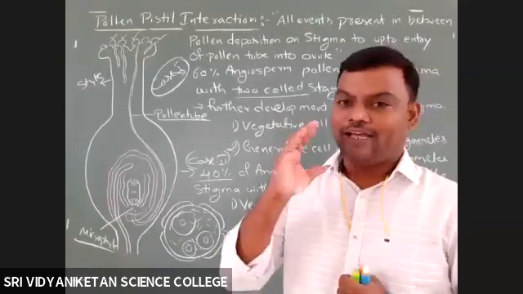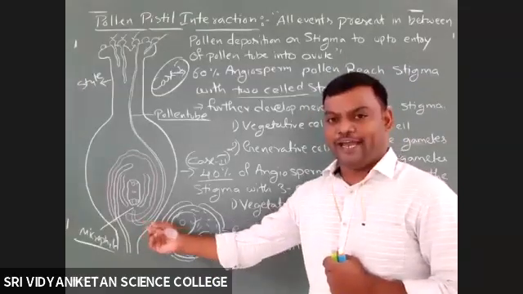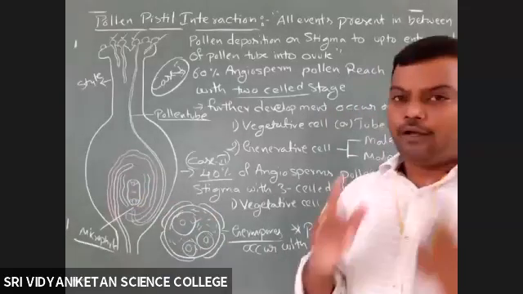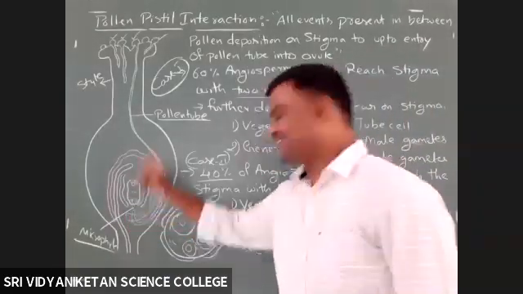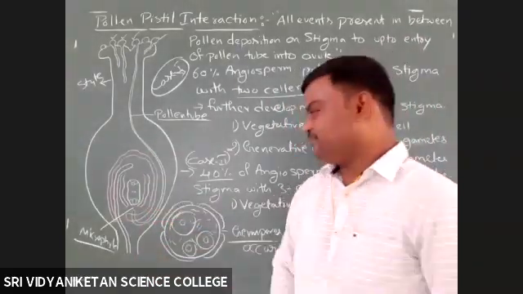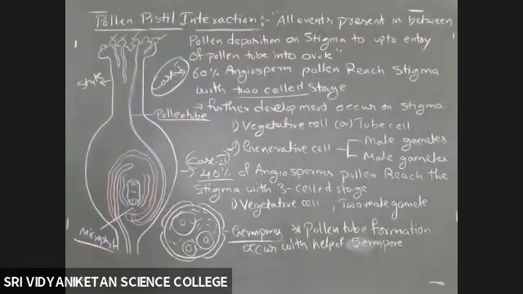Whenever it guides the pollen tube, the pollen tube immediately enters through the micropyle, because near the micropyle is the egg cell. So in this way, pollen tube entry into the ovule always takes place through the micropyle.